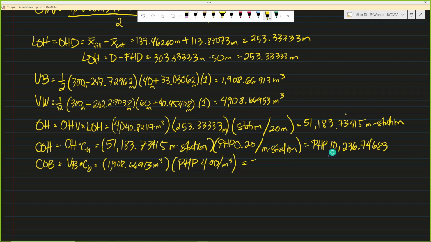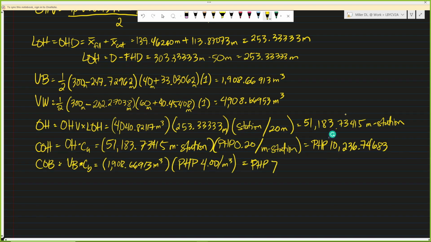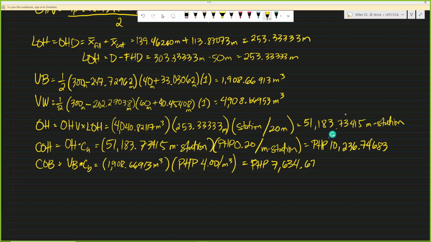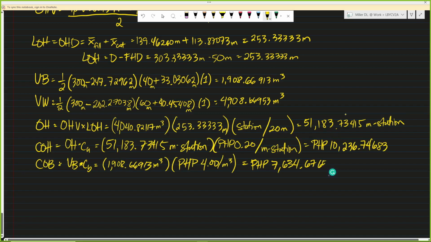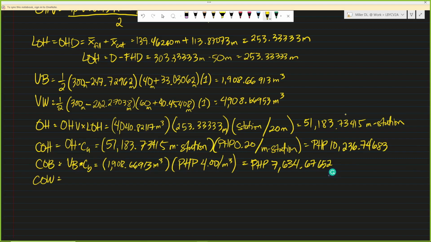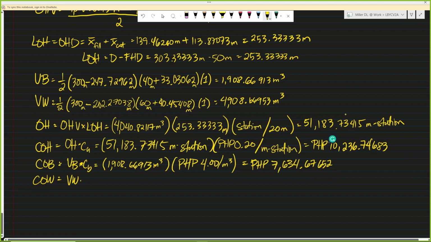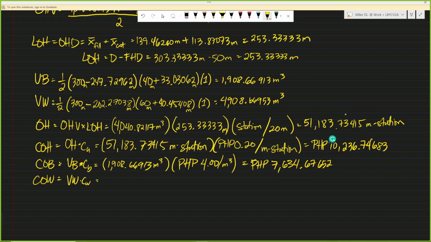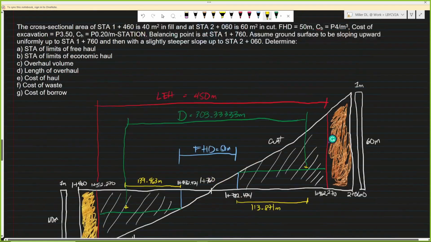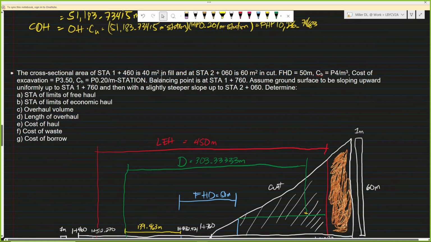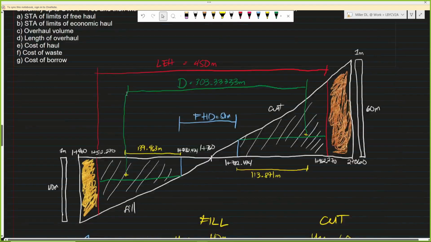We have 7,634.67652. And as for the cost of waste, so volume of the waste, okay, multiplied by the cost ng waste or yung which is the same with sa haul, which is yung excavation is 350.